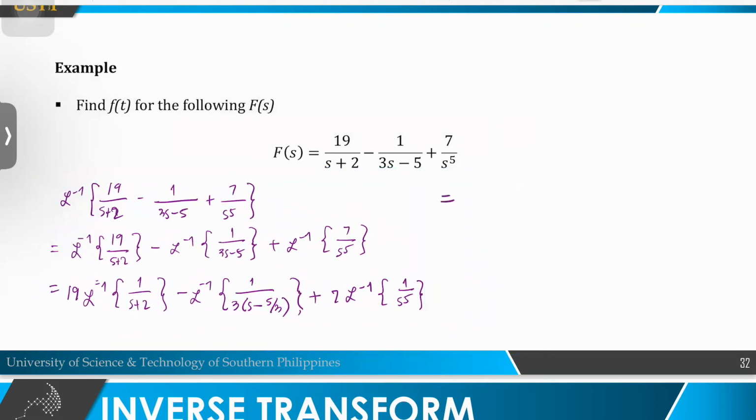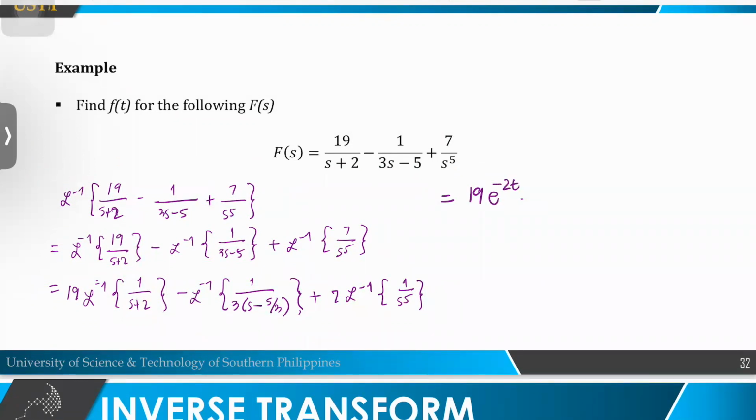Okay, let's solve for the first one. Now, this form, we know that this is exponential. And again, you will learn that by experience, so always solve and solve. That is s plus 2, so your exponent is negative 2t.